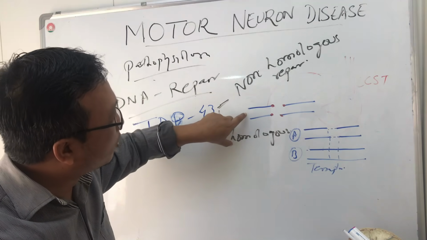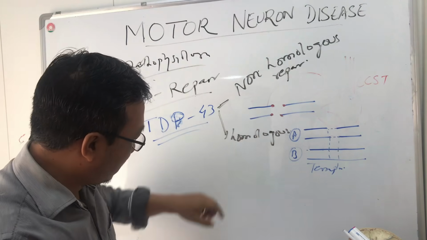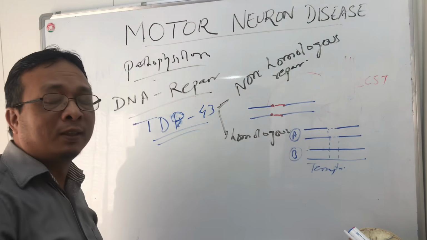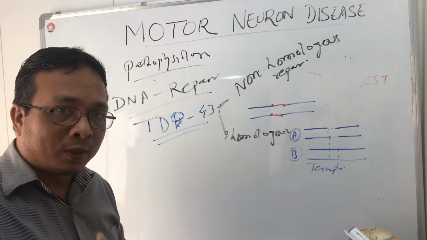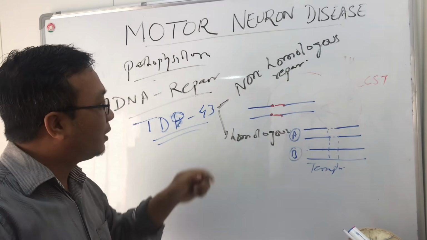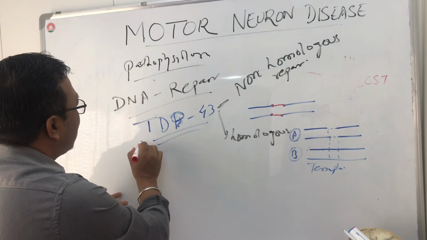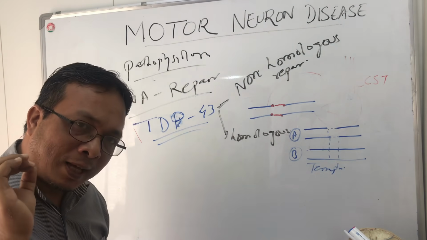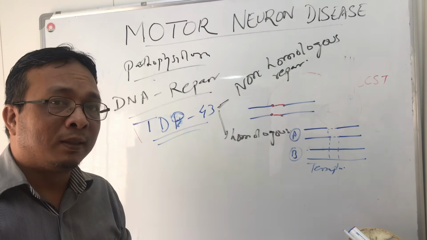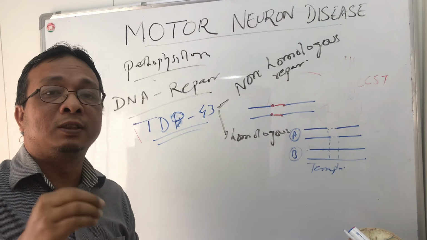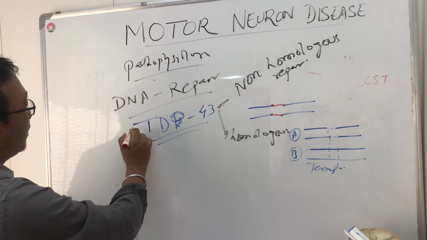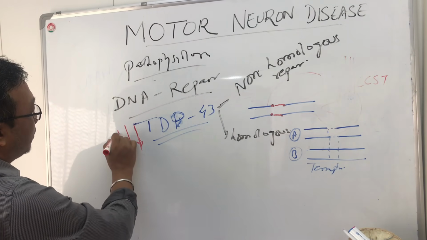So what happens in the non-homologous mechanism? In this mechanism, when the DNA goes bad or is broken, this double strand gets end-to-end stitching by TDP43. Now, we don't know the exact cause, but when the motor neuron disease is caused by genetic factors, this protein goes severely down.